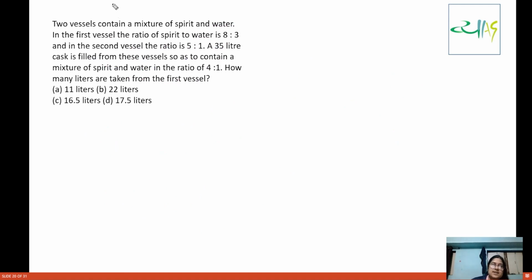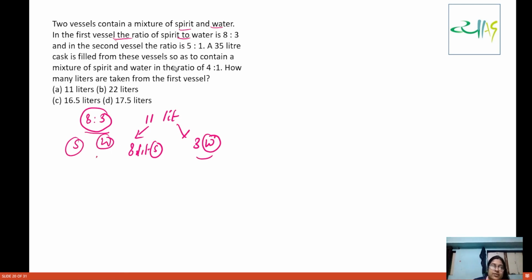What we did here: the question is saying two vessels contain a mixture of spirit and water. In the first vessel, the ratio of spirit to water is 8 is to 3. So what is the meaning of 8 is to 3? It means if you are taking 11 liters of this liquid, you are putting 8 liters of spirit and 3 liters of water.